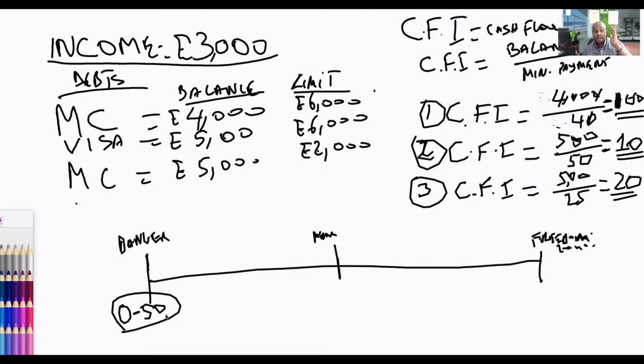This is the first kind of debt you need to get rid of as soon as possible, because the whole point of this exercise is so that you can have more cash flow to spend if you need to, or you might use it for something else. Okay, now let's have a look. So it looks like credit cards 2 and 3 fall under here.